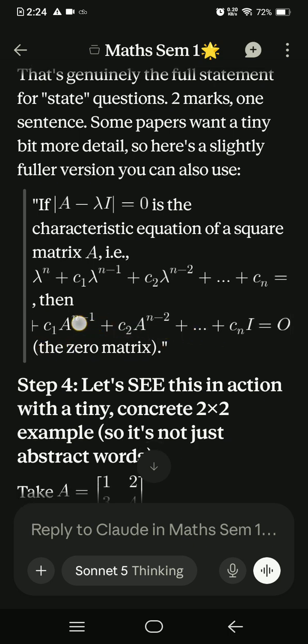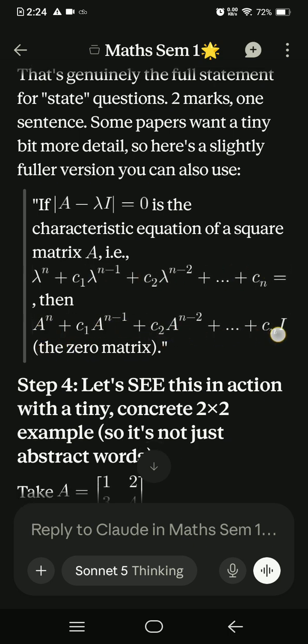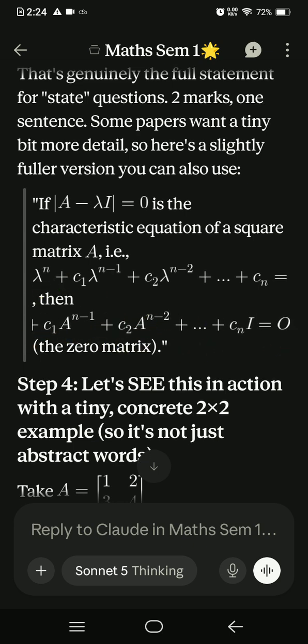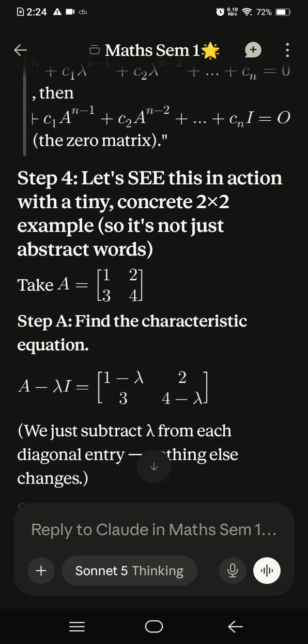So basically lambda is replaced with A, then this is equal to 0, the zero matrix. Anyway, so let's see this in action with a tiny concrete 2 by 2 example, so it's not just abstract words.